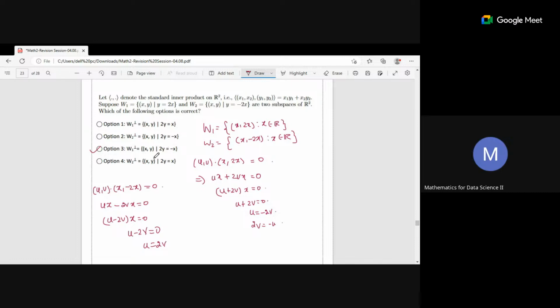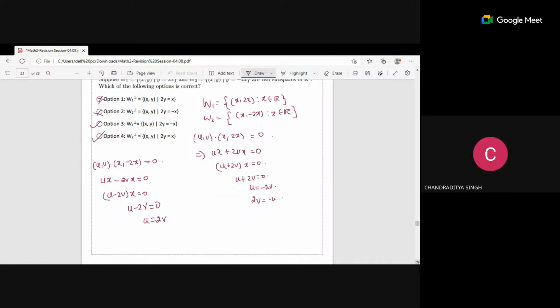So you see that you have got W2 perp: 2v equal to x. This is how you need to find the orthogonal complement. All these vectors are perpendicular to W. Yeah, exactly. All the vectors perpendicular to a given subspace give the orthogonal complement of that subspace.